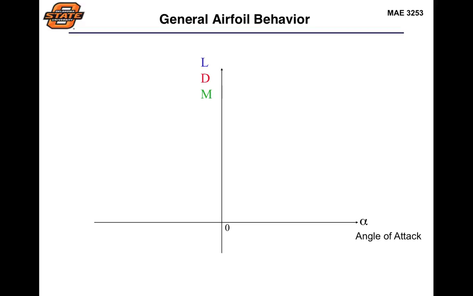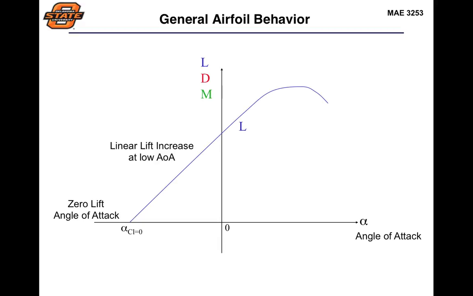Just to remind ourselves, a typical lift curve slope is going to look something like this, where we have a linear section that starts off at the zero lift angle of attack and continues in a more or less straight line until we reach this region of separation where that lift starts to drop off. So we have this starting point, the zero lift angle of attack, that linear increase at low angles of attack, and then finally that nonlinear stall region, defined by that stall angle of attack.